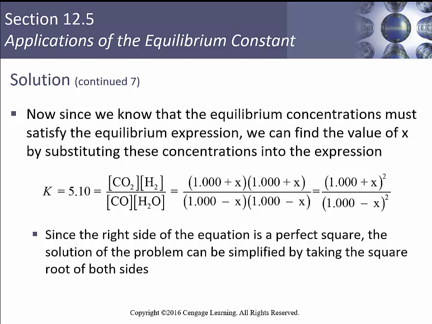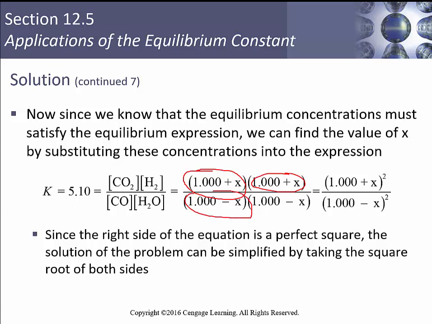Since we know that the equilibrium concentrations must satisfy the equilibrium expression, we can find a value of x by substituting these concentrations into the expression. So we're going to take and substitute our new values for the concentrations, involving the x's in there, and we'll get 10 equals 1 plus x squared divided by 1 minus x squared.